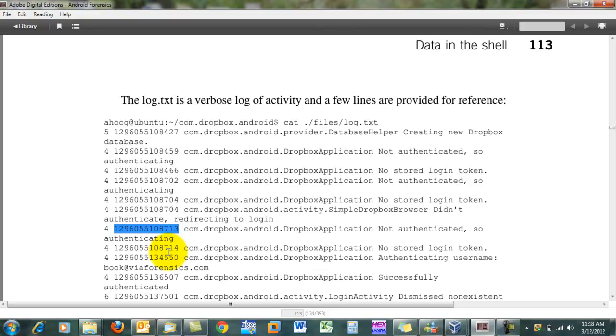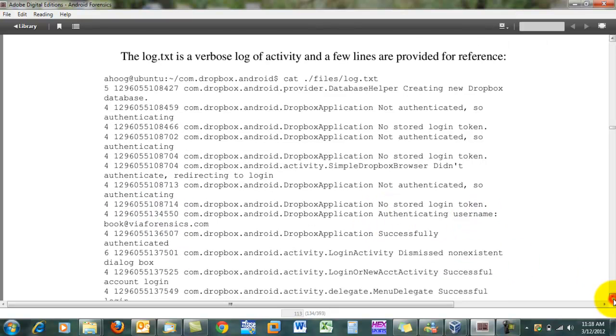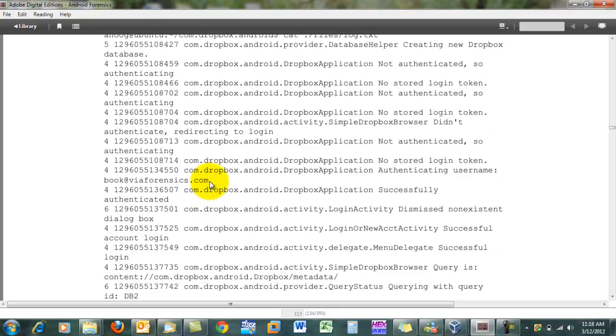The other thing is that we can see that usernames are exposed. That means we will know who used the Dropbox, for example, a forensic.com account. So this is some of the information you can get from the Dropbox log file.